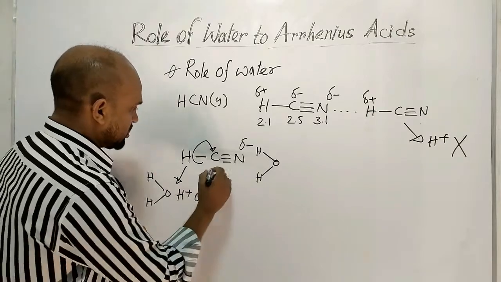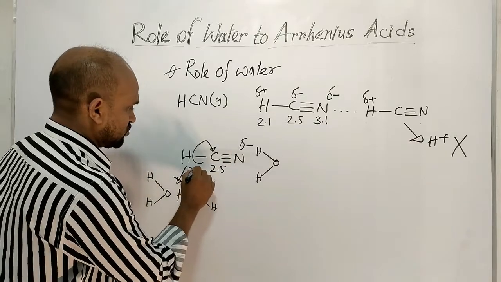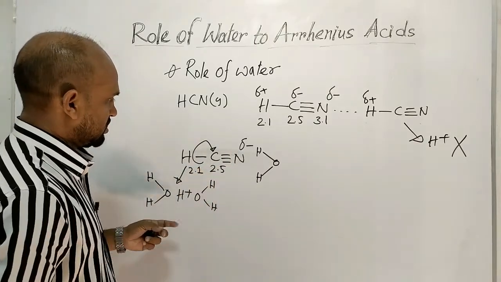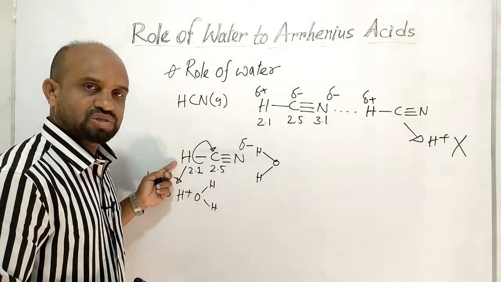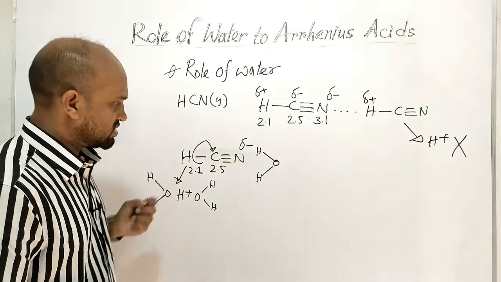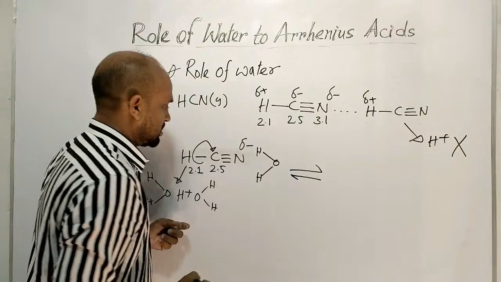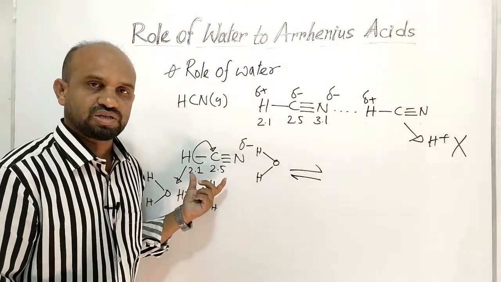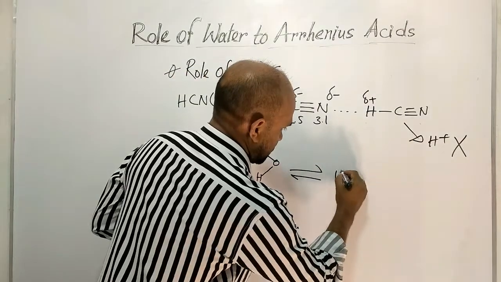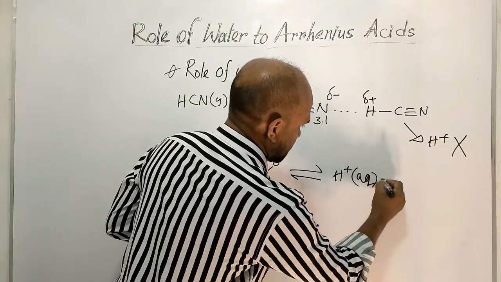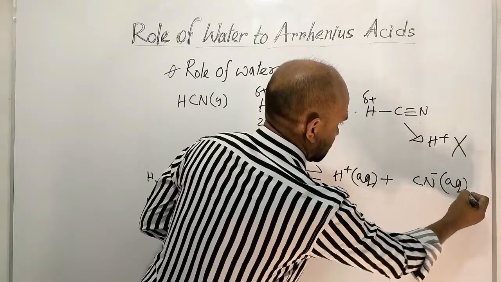But here electronegativity difference is very low, 2.5, hydrogen 2.1. That is why it cannot produce protons very easily, and as a result reversible reaction happens. That means the percentage of ionization is very low, and proton, which is surrounded by water, and cyanide ion, which is surrounded by water.